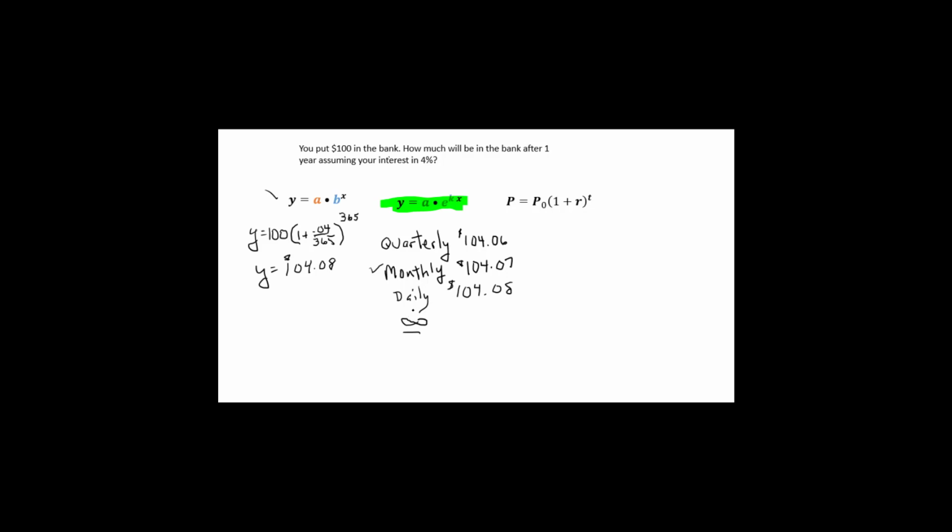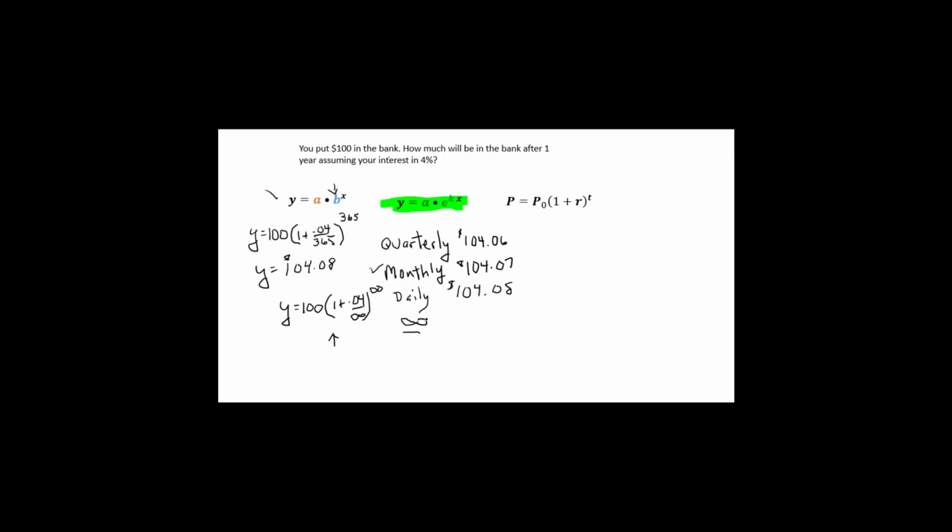If I wanted to compound it an infinite amount of times, well, it's going to be a little difficult to use this formula. I mean, what am I going to do? Y equals 100 times the factor, and the factor is 1 plus 0.04 over infinity, raised to the infinite amount of times. Well, it's not going to work very well on your calculator.